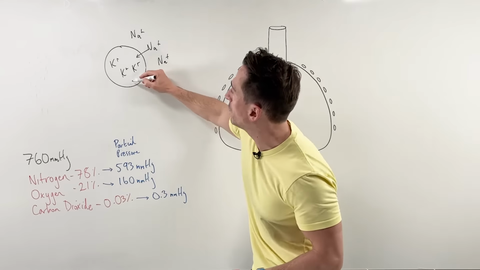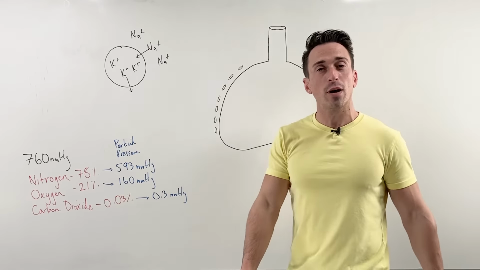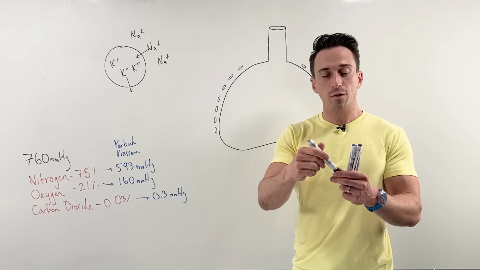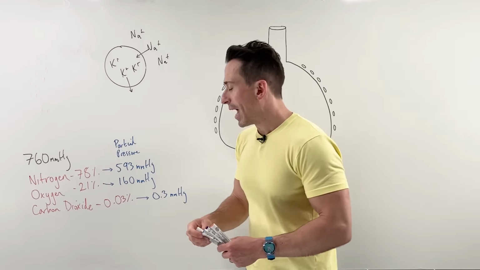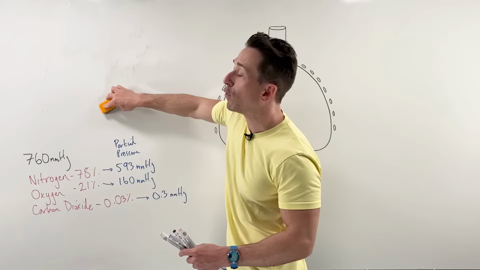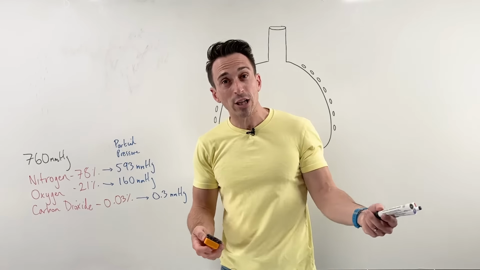And the potassium will move down its own concentration gradient and go outside. Gases are exactly the same. They will only move down their own pressure gradient.